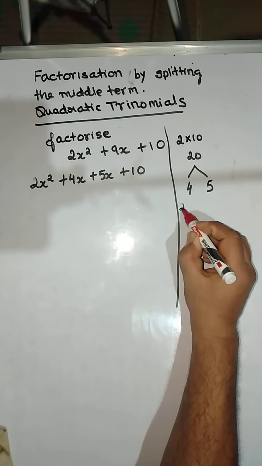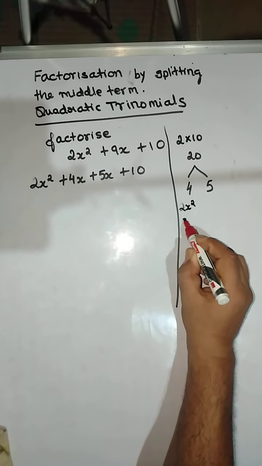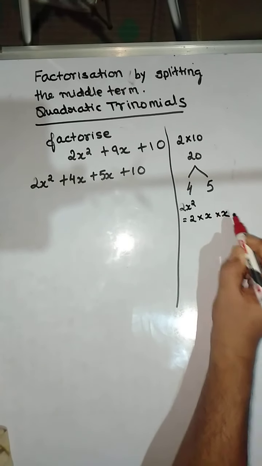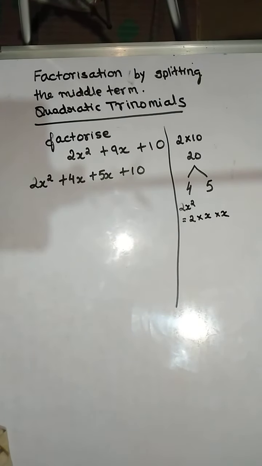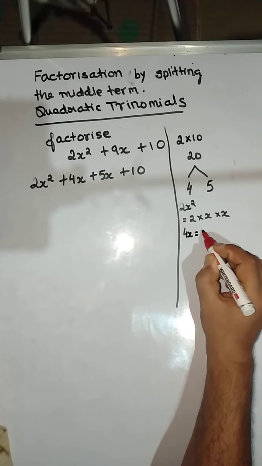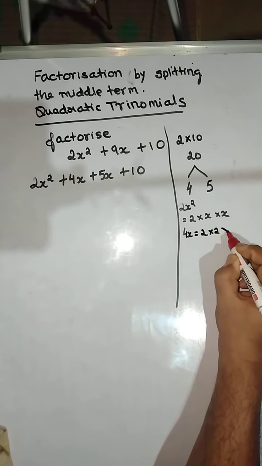If I write 2x squared, it can be written as 2 into x into x. This is for your starters. Later you will be able to do it mentally, but right now let's go slow. And then 4x is equal to 2 into 2 into x.